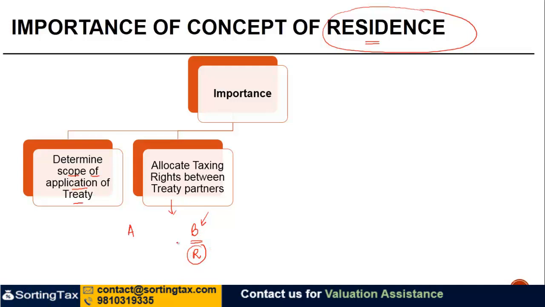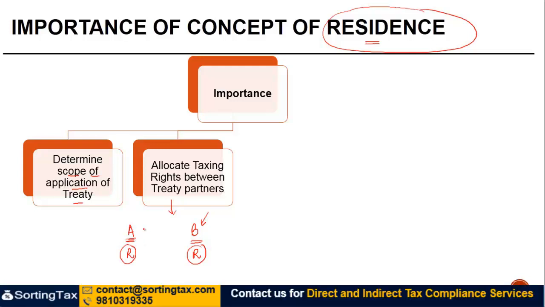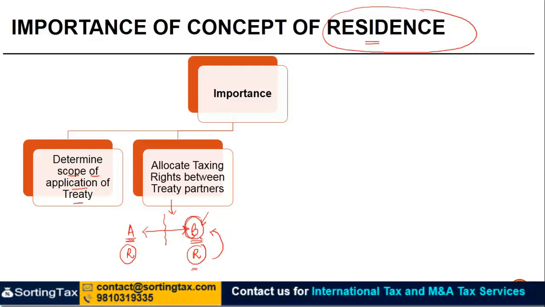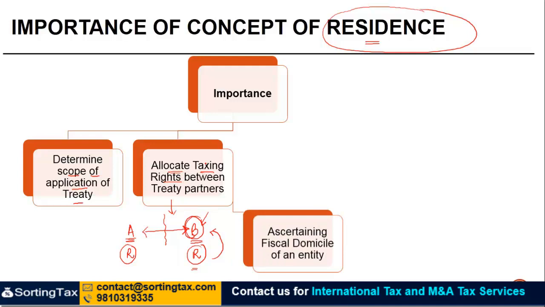As against this, if he is a resident of country A, then country A has a right to tax his global income, right? The treaty normally contains different provisions which give the right to tax a particular income to the country where the person is a resident. Therefore, the concept of residence helps in allocating the taxing rights between treaty partners.